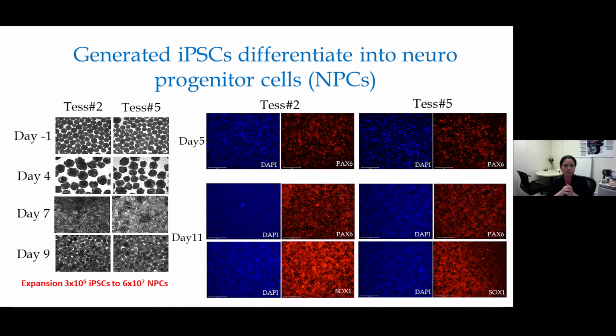These will potentially be a cost savings, just as Gaia mentioned. You can actually do one differentiation experiment, freeze many vials of cells, and do all your experiments in a reproducible manner.